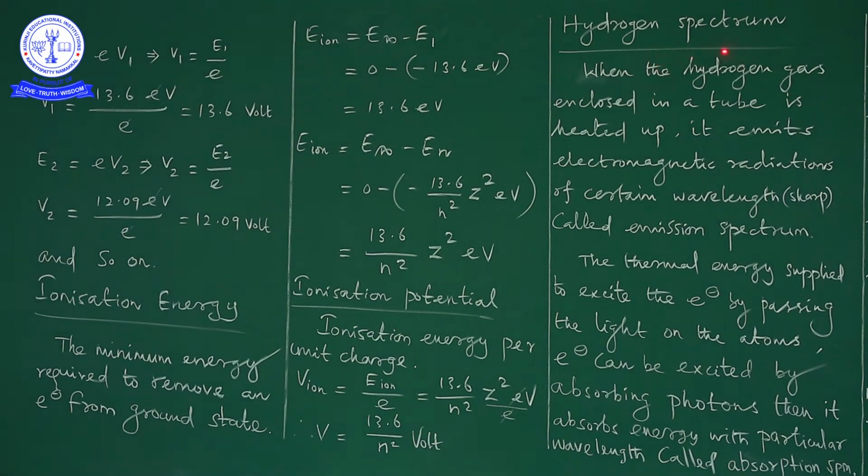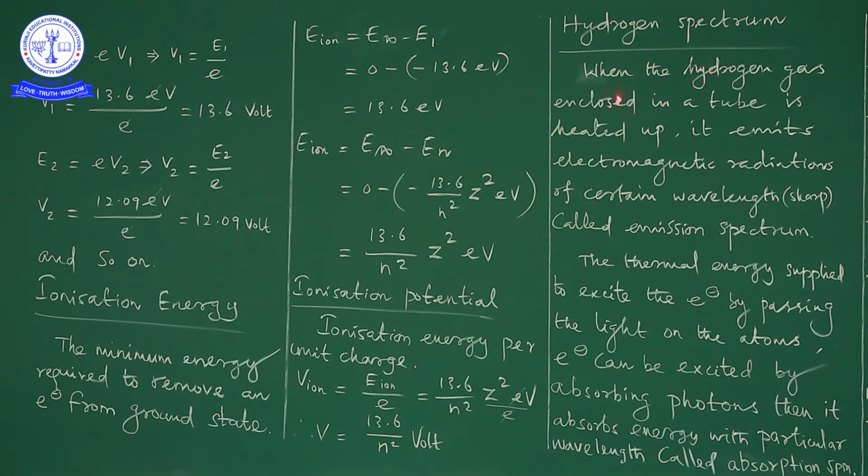The spectral line occurs at a particular wavelength. This is possible only when the electron jumps from one state to another state.